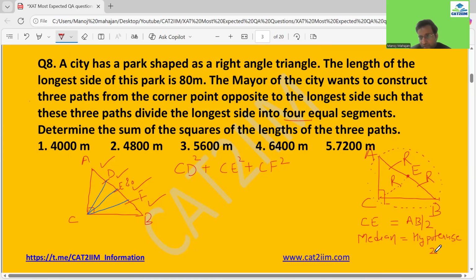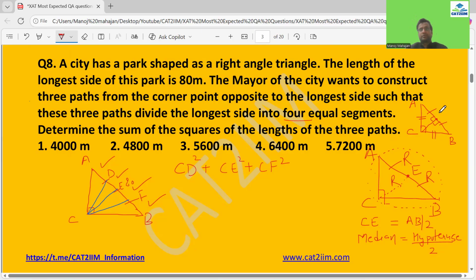So hypotenuse by 2, right? One thing to remember, which at times people do forget: when you have a right angle triangle, and from here I look at the midpoint, and it's perpendicular also, this is going to happen only when it's an isosceles right angle triangle, that is ACB we are talking about, which means that AC should be equal to BC.